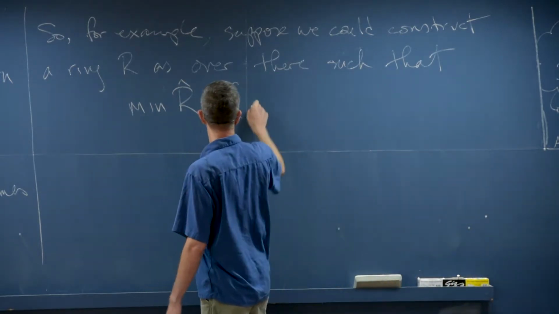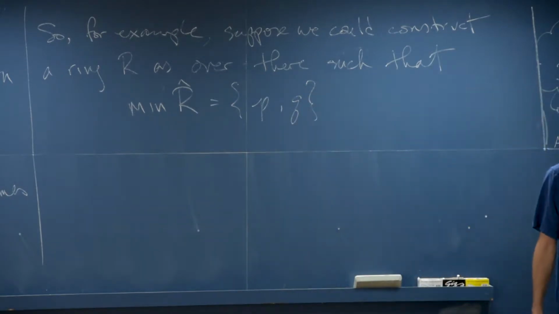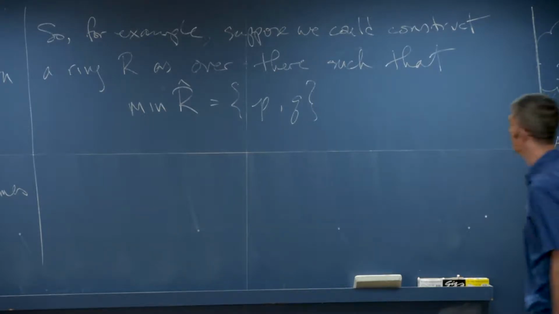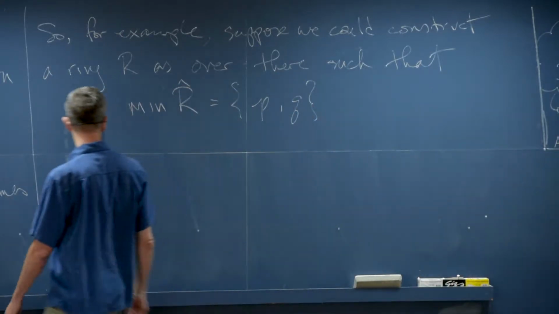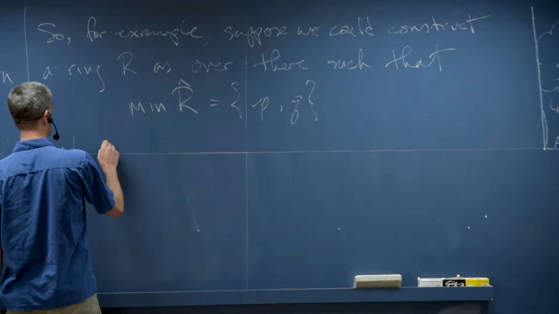Suppose you could do this. You could construct R and R hat so that the minimal primes of R hat was just 2, and some R hat modules.